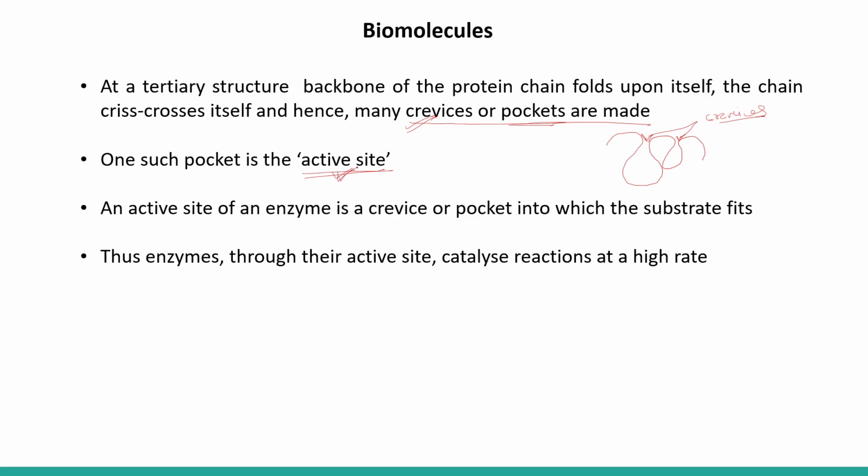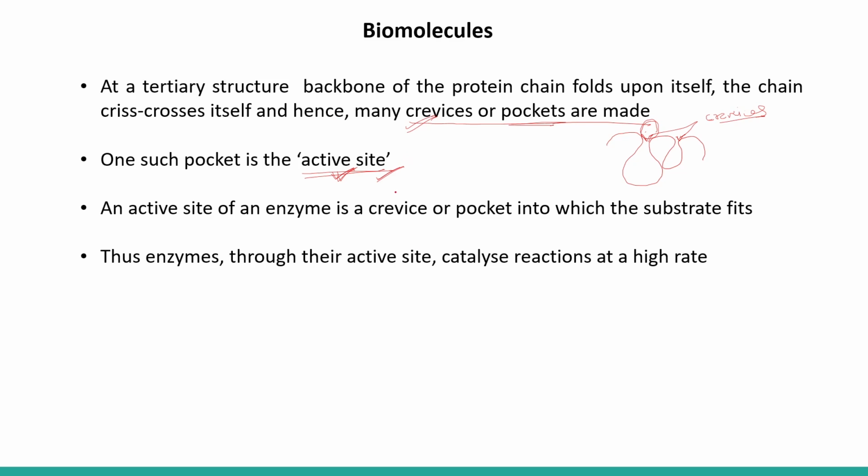Enzymes have active sites. At these active sites, the substrate gets attached to the enzyme. A substrate comes and gets attached to these active sites only, not at any other position. So the active site is very important if we are studying the enzyme structure, and this is formed by the tertiary structure.